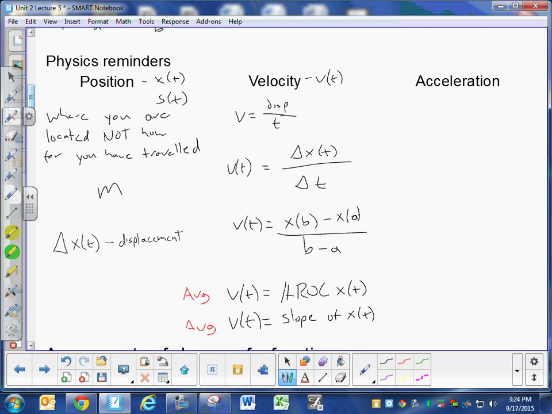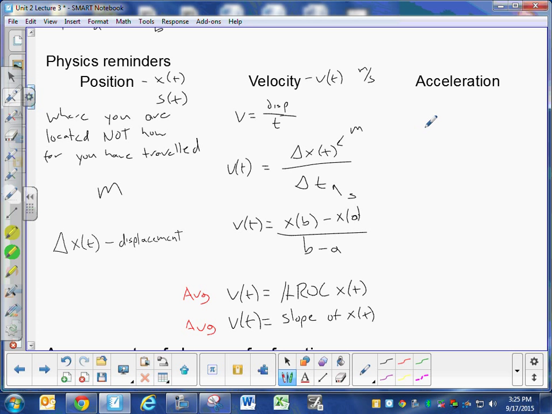Okay, and then if we go a step further, this is typically in meters per second. The change in my position will be in meters. The change in my time, that's seconds. Well, meters per second, that should make sense.